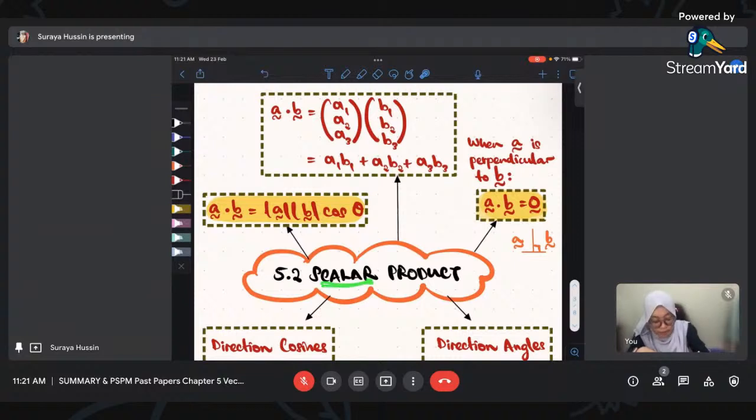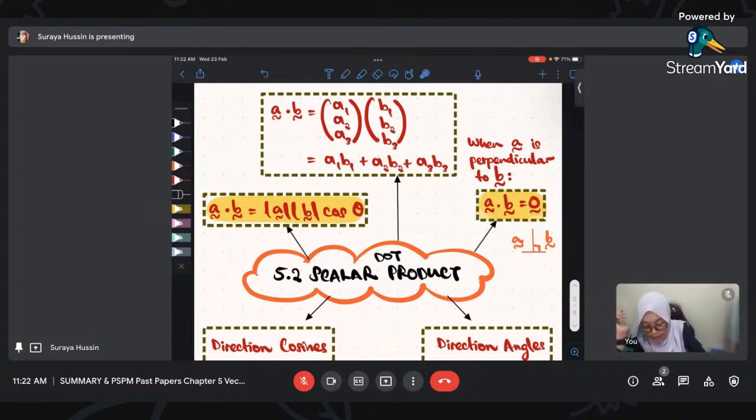Scalar product means a dot product. See? Ni dot. This dot, saya patut tulis ni lah. Dot product. Scalar ataupun dot product. Nama yang berbeza tetapi maksud yang sama. Scalar product ataupun dot product.